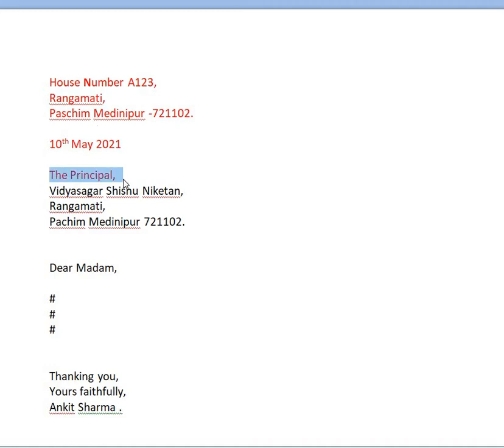I have written to the principal, so this is the designation of the person whom I am writing this letter to. Then the office he or she is holding, or the name of the organization, the name of the institution, will come in the second line. Then in the third line the place's name, and in the fourth line the district's name and the pin code. So this way you will have to formulate the 4 lines in your formal letter.